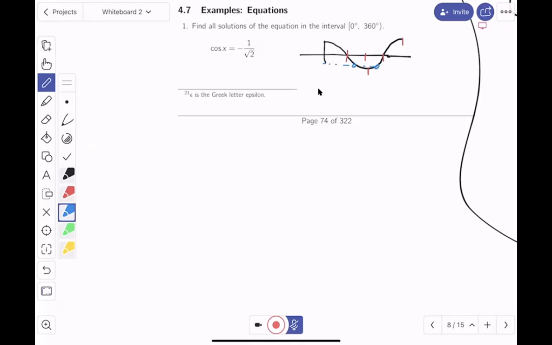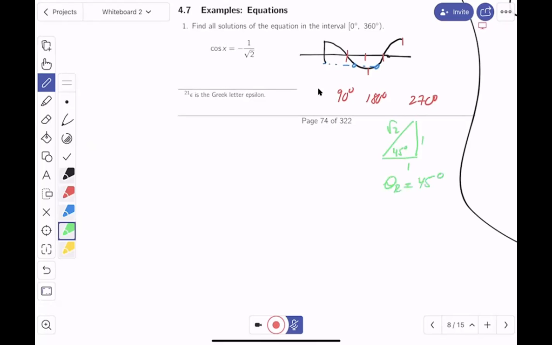So I know the first one hits between 90 and 180. I don't know what the number is yet. And the next one is between 180 and 270. I want to get a reference triangle. And the reference triangle I'm going to put down is a 45. And why is that? Because the ratio is 1 over root 2. 45 degrees, 1, 1, root 2. So I know my reference angle is 45 degrees.